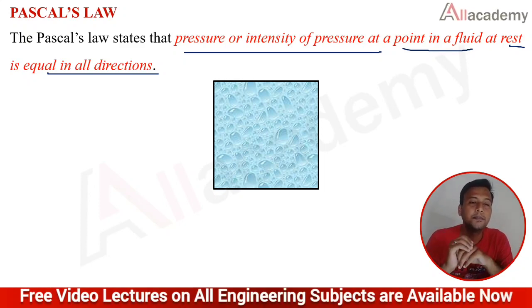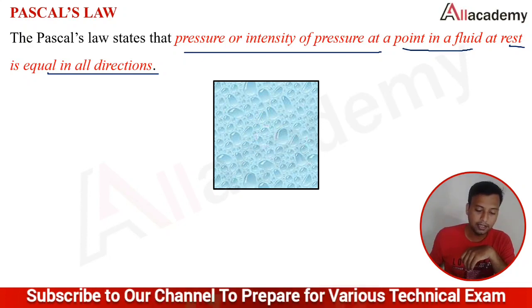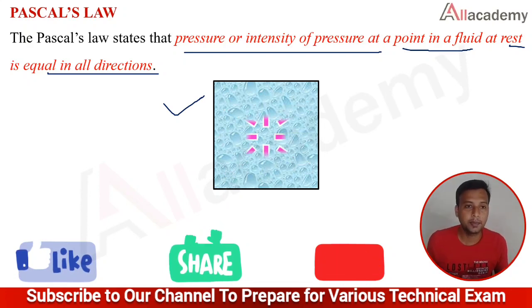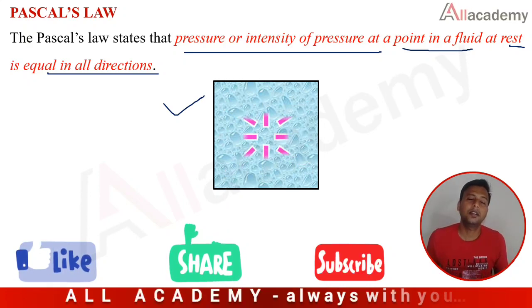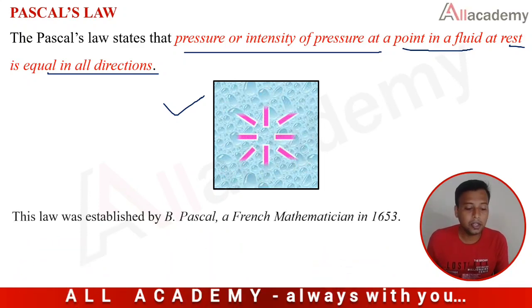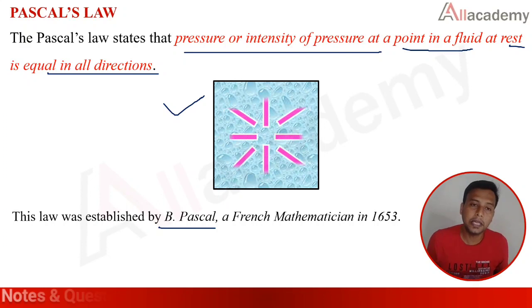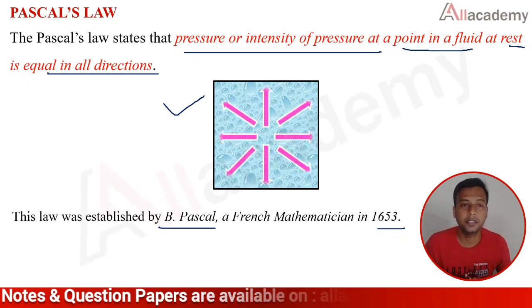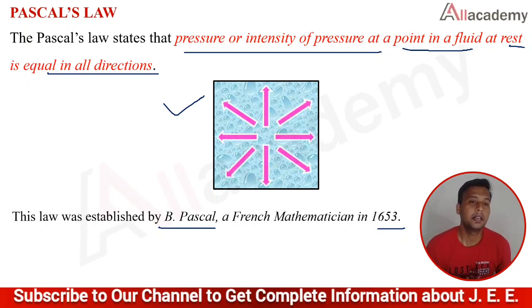That is a simple definition of Pascal law. You can see this in the figure, how the pressure will be equal in all directions as per the definition of Pascal law. This law was developed by the French mathematician B. Pascal in 1653, almost 400 years ago.